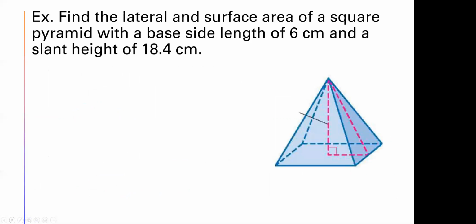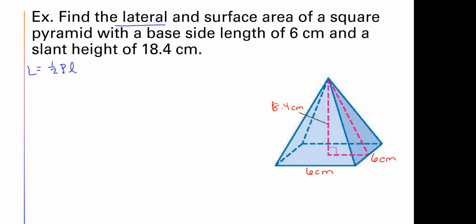All right. So the first example says to find the lateral and surface area of a square pyramid with a side length of 6 centimeters. That means each side is 6 centimeters because we're talking about a square, so all the sides are the same. And a slant height of 18 4/10 centimeters. We're going to use our formula for lateral area first: half of the perimeter times the slant height.